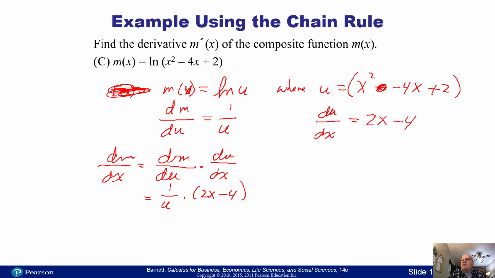We have to replace this u that was there temporarily. u is this value up here, so we'll have 1 over x squared minus 4x plus 2, and we've got this 2x minus 4, that's on top.